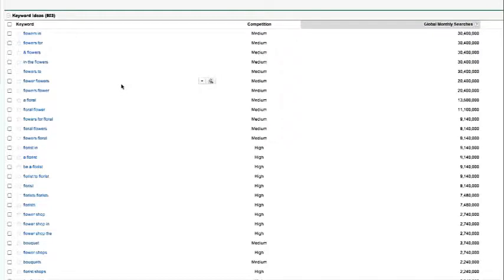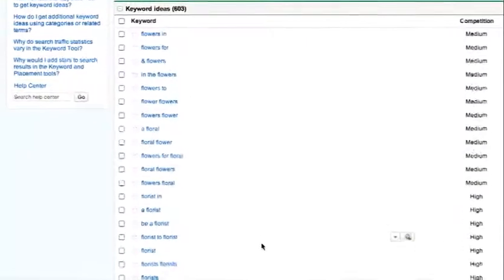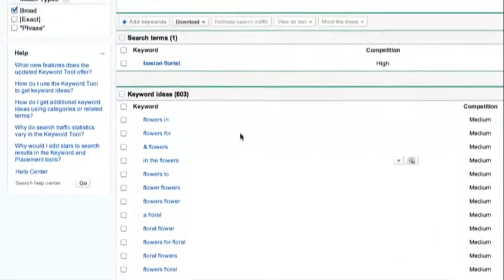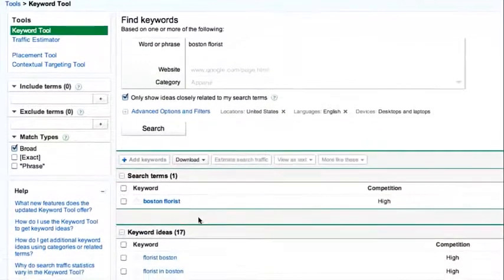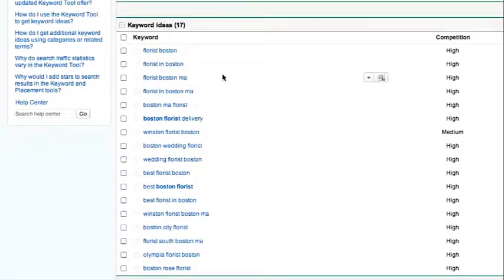But that's not going to do us much good, as this is far too general. However, we can scroll down this list and look for terms that are more targeted towards our business. I would say in our case, Boston is a must-have in the search term. So let's go back up here and select Only Show Ideas Closely Related to My Search Terms. There we go. Now we can study all of these more relevant keywords and start our strategy from here.